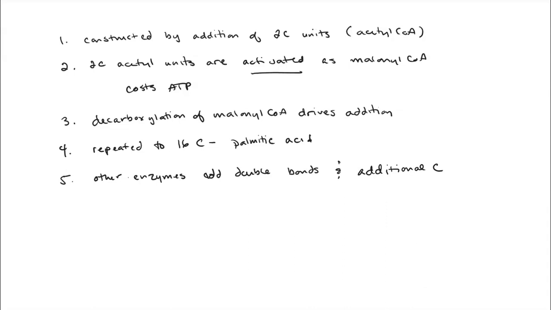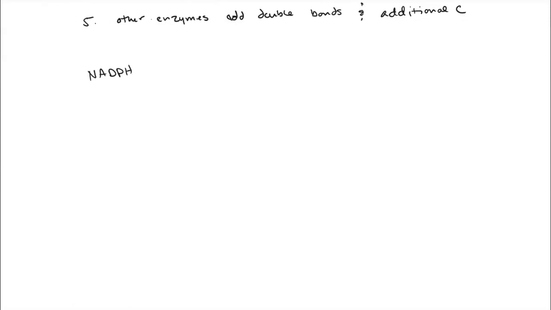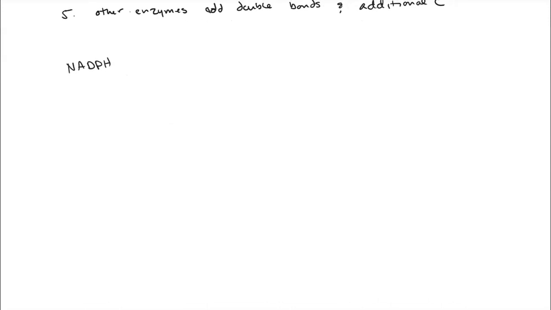Now, let's elaborate a little bit. Remember, fatty acid synthesis depends on the reductive power of NADPH specifically. And the net reaction for the formation of palmitate from acetyl-CoA looks like this.